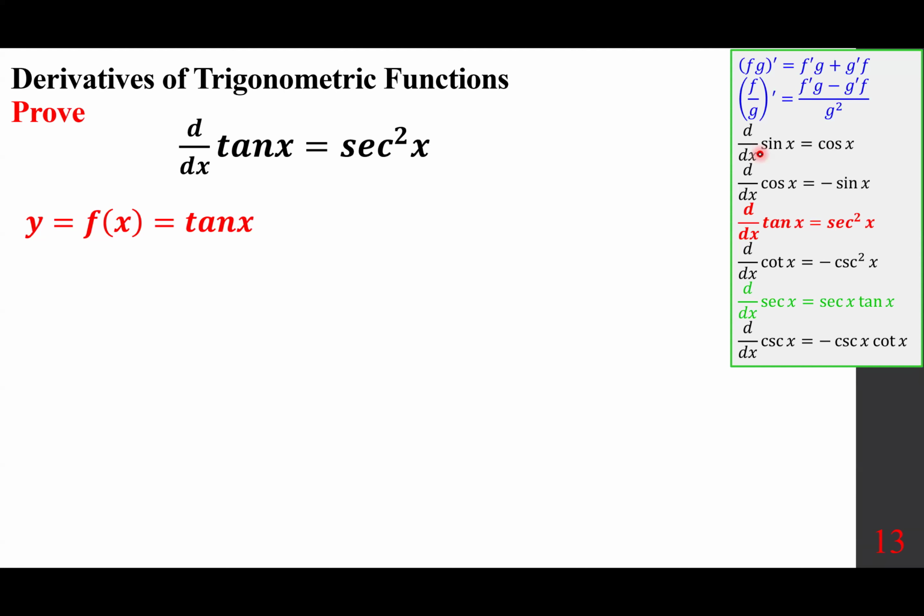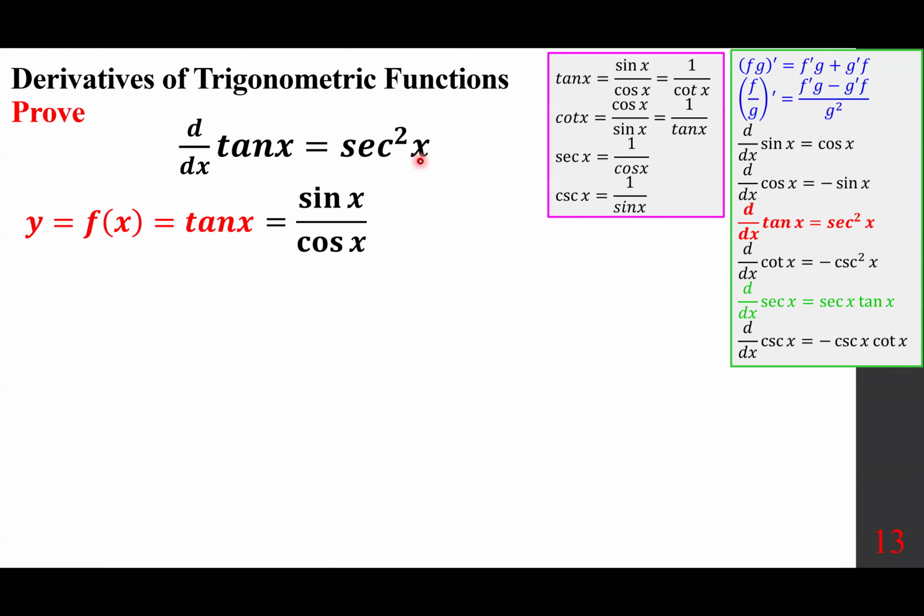So we want to prove this, and we know tangent is sine over cosine, and I'm going to remind you: tan x is sine over cosine or 1 over cotangent x. Cotangent x is cosine over sine or 1 over tan. Secant x is 1 over cosine and cosecant is 1 over sine. We need to know all of these identities, class.